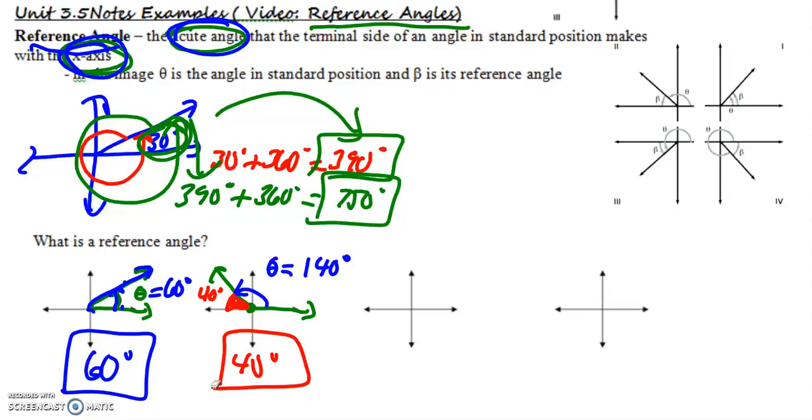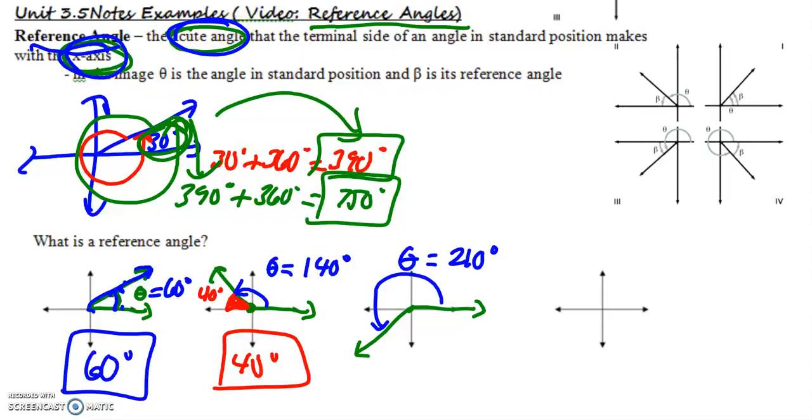In the third quadrant, if I draw an angle, so here's my vertex, initial side, terminal side. This clockwise would be your angle, and I will say that theta equals 210 degrees. Now, if we take a look at the green angle, this is definitely obtuse again, and the reference angle has to relate to the x-axis and has to be acute.